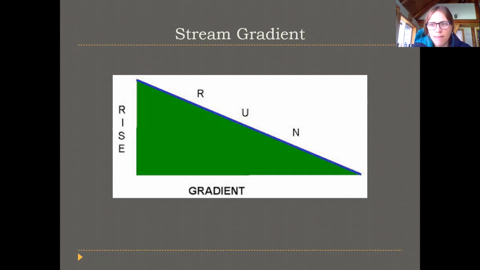I can't do that math off the top of my head, but you could get some sort of stream gradient where you could figure out the percent slope or the degree slope being experienced by the stream. And that's another thing that might impact the speed of the water in the stream.